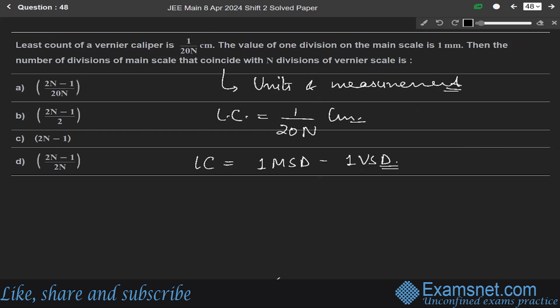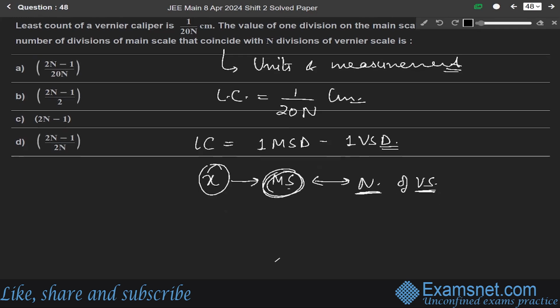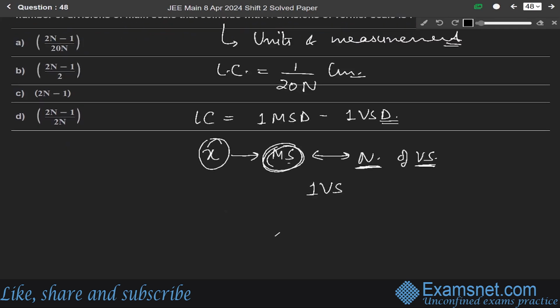Now let us say x is the number of divisions of the main scale that coincide with the n divisions of the vernier scale. X number of divisions of main scale coincide with n number of divisions of the vernier scale. So from here, one vernier scale division will be equal to x into 1 mm over n.